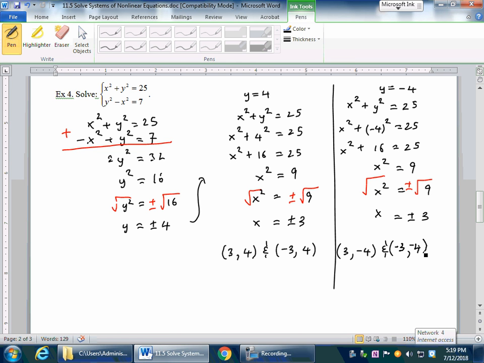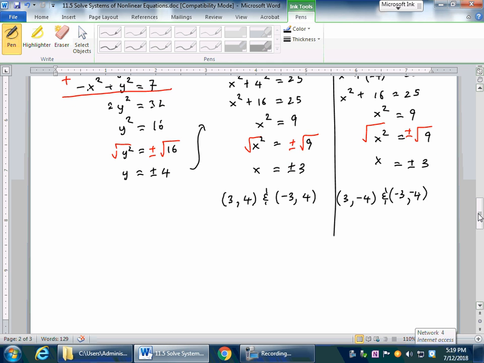Now, does it make sense? It perfectly makes sense because the first equation is a circle, and the second equation is a hyperbola. By knowing the conic sections from previously, we can have these kinds of situations. You could have four answers, because here's a circle, here's my hyperbola, and the circle and hyperbola satisfy 4 points altogether.